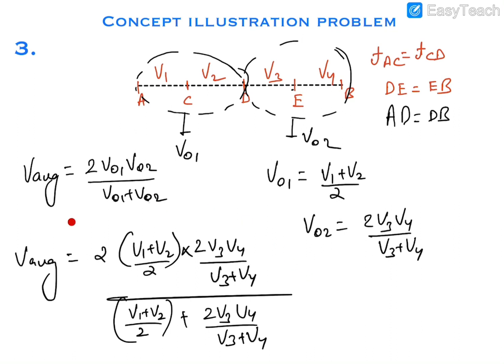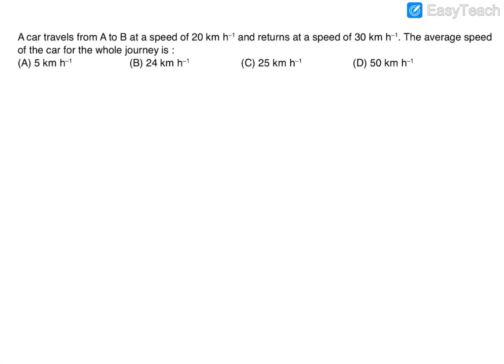So don't assume the problem to be lengthier by only watching this conclusion. Okay, so this is the concept illustration problem, and these kind of problems would be there from type 1. And I would be bringing some more problems from type 1, which would be just the practice problems.